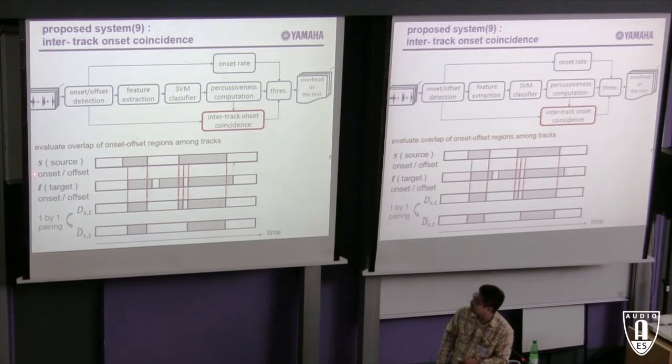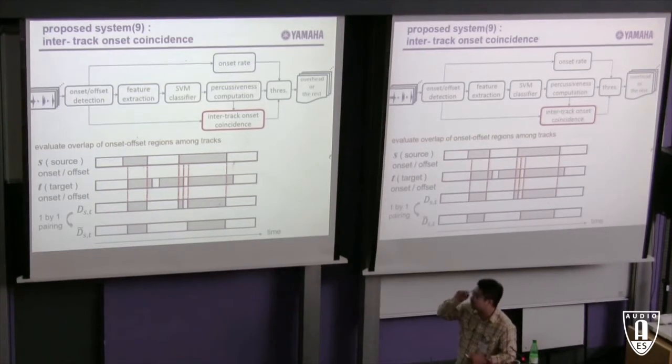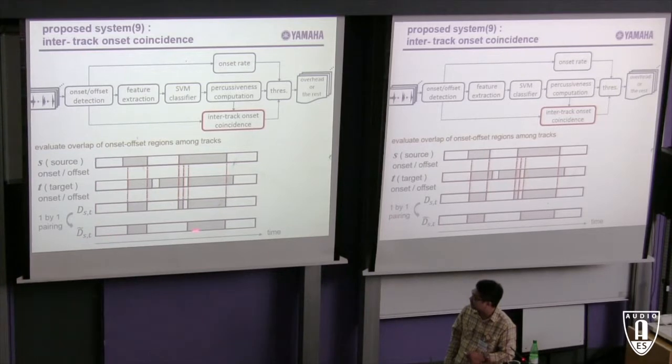Imagine that you have a track S that is a source and T that is a target, each of which has a series of onset-offset pairs over time. What I did is compute the overlap between these 2 tracks, and I get this D_ST. Then I do some refinement by applying 1-by-1 pairing, and I got this D tilde ST shown at the bottom.